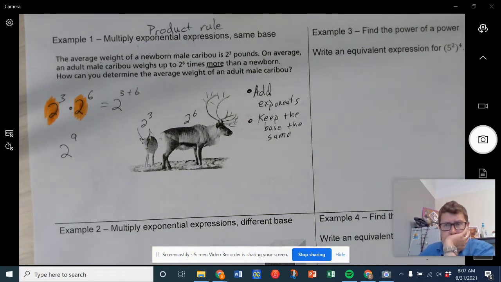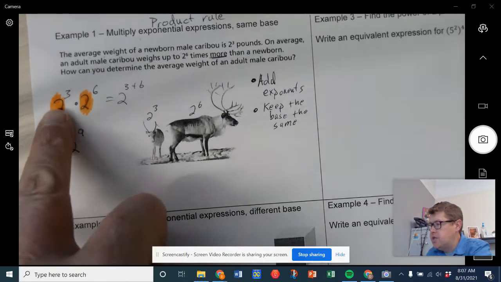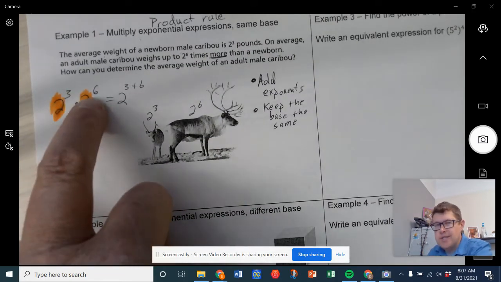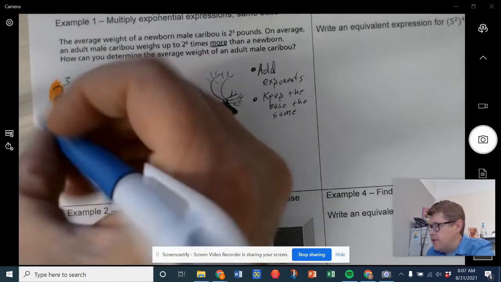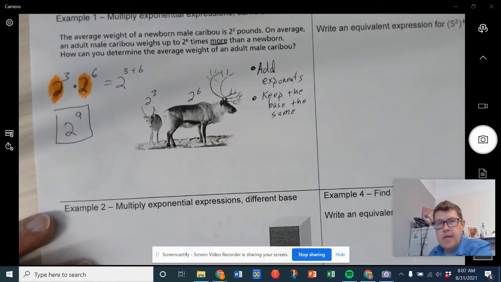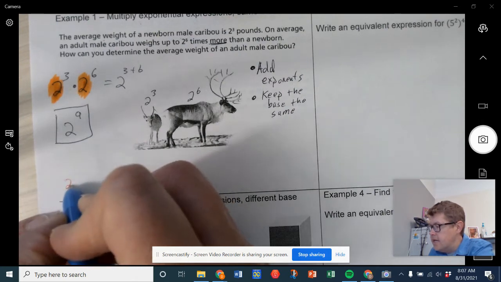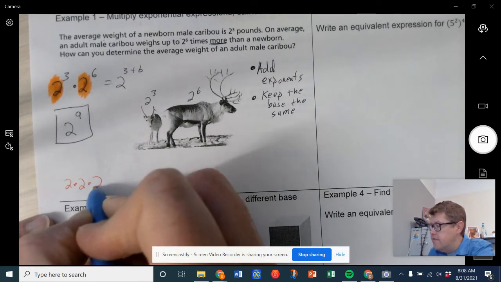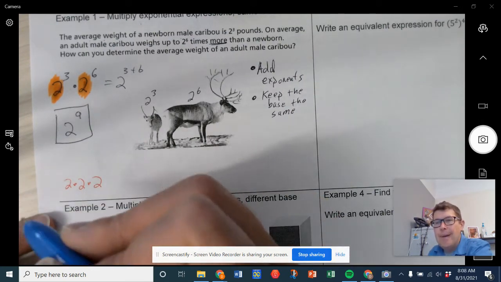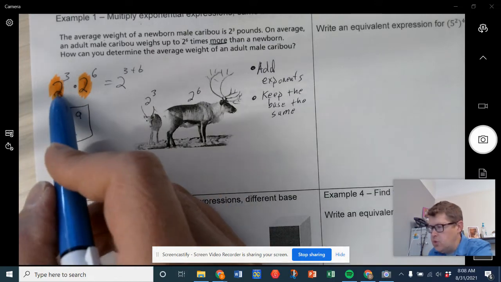I'm going to expand this out. I've got 3 2s and I have 6 2s right here. But that's your answer right there. If you have trouble visualizing that, we can break this down, because this 2 cubed means that I'm taking 2 and multiplying it by itself 3 times. That's what 2 cubed means, right?